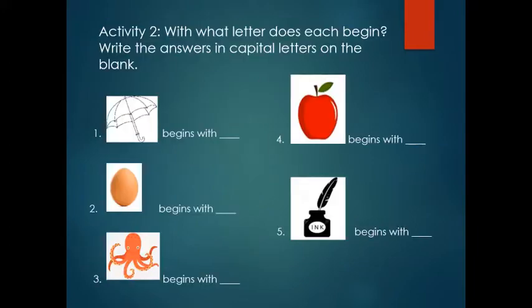Now let's answer activity number 2. With what letter does each begin? Write the answers in capital letters on the blank. Okay, number 1. Umbrella begins with blank. Write your answer. Number 2.